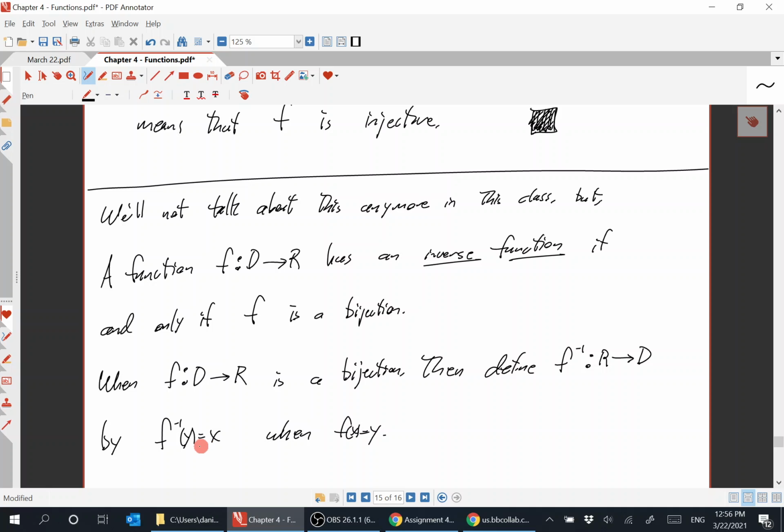But if there were two things in the domain, A and B, that both go to y in the range, well, then what's f inverse of y?